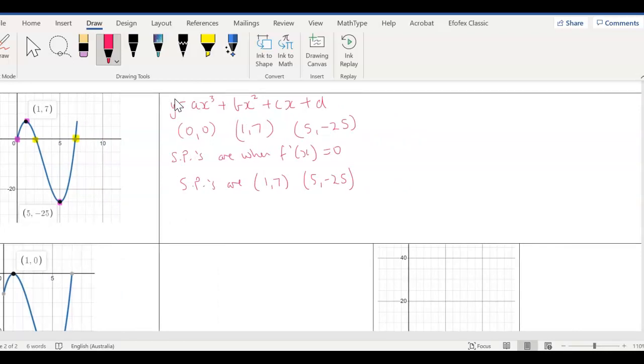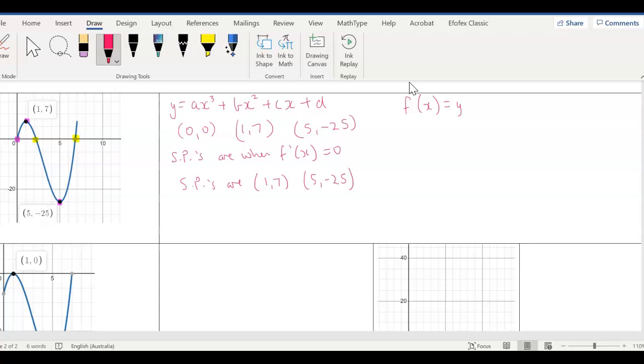This is where you can do things by hand, but also check on your calculator. And you're probably thinking, oh my God, I've got to set up 4 equations and then put it all on the calculator. The thing is, if you've defined your function as f of x, and in your exam, if you're short on time, we've already defined y, so you can say f of x is equal to y.